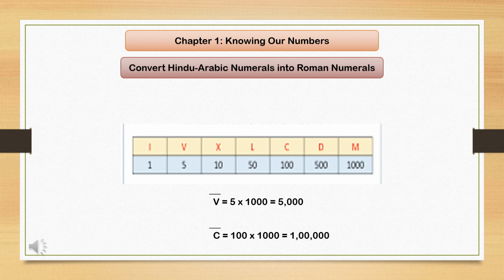For higher values, that is multiples of 1000, we place a bar upon the given symbol. For example, the value of X is 10. But when you place a bar upon X, it becomes 10 into 1000, which gives the value as 10,000.